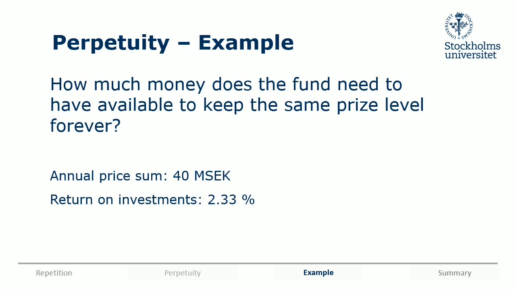forever? Well, this is a quite interesting question, because if we know how much money you need to have on the account to be able to give the Nobel Prize winners a sum of 40 million each year in infinity, which was the thought from the beginning.